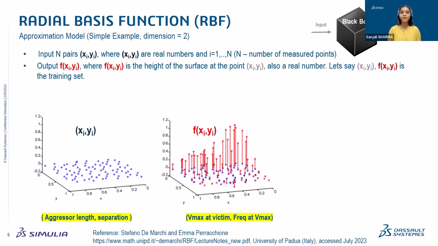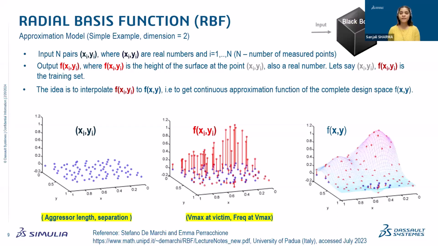The idea here is to interpolate this function of Xi, Yi to get a continuous approximation function of the complete design space. Due to this interpolation, we can predict new values of the output parameters based upon a specified combination of inputs, where these new inputs are not present in the previous dataset that we had given to create the approximation.